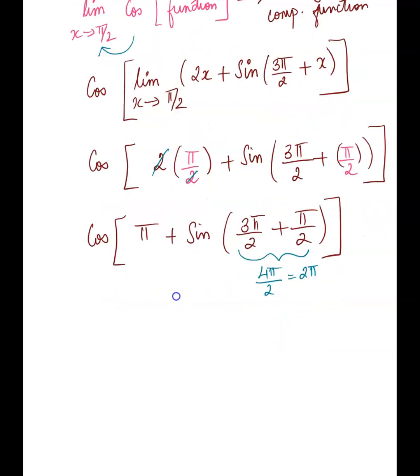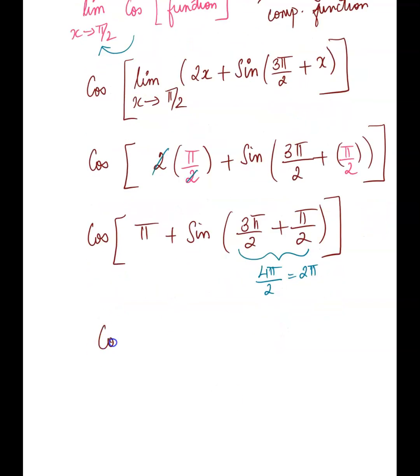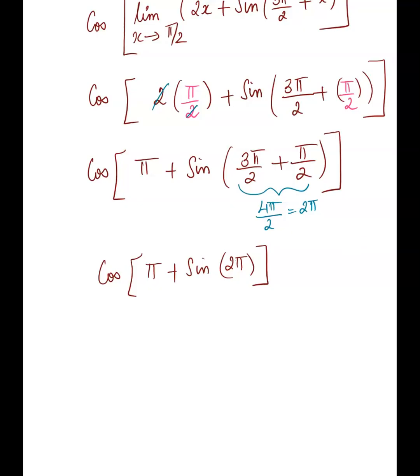Okay. So then this becomes cosine pi plus sine 2 pi. Go to your unit circle from trigonometry, and find what sine 2 pi is, again keeping it in radians. Sine 2 pi is equal to 0 from the unit circle.